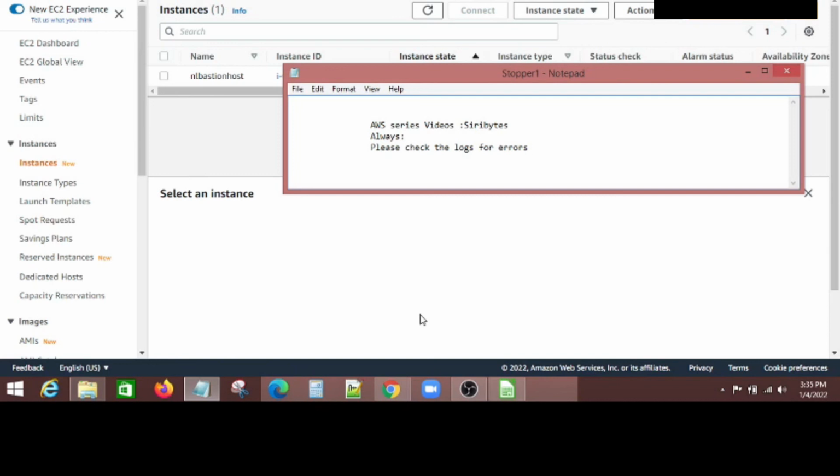While you are creating it, you have to give an AMI, the Amazon Machine Image, the security group, an instance profile, and a key pair.